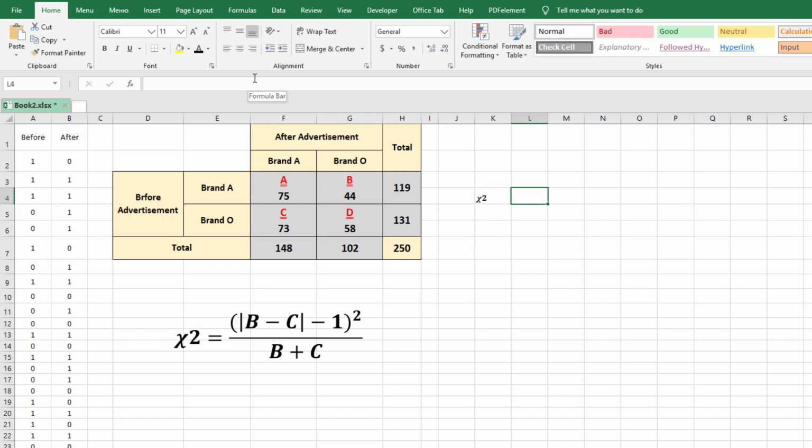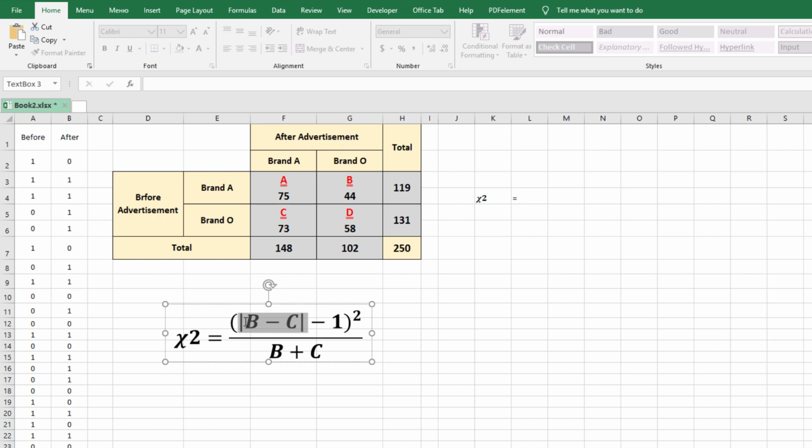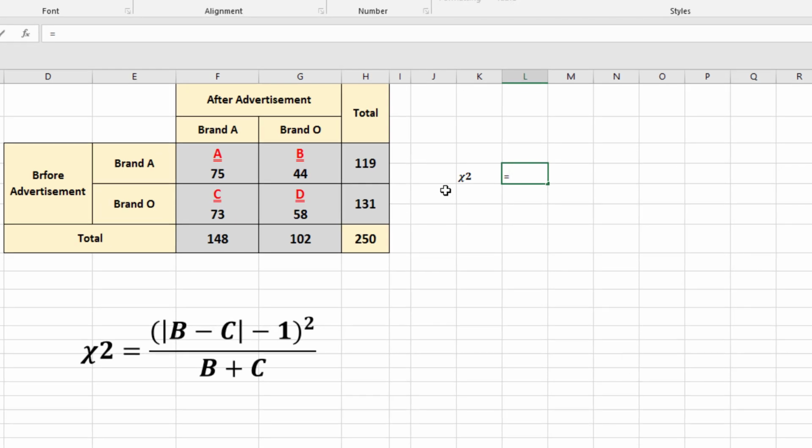Chi-square value equals, we need to find the absolute. This symbol is the absolute symbol. The pipe symbol is called the absolute value of B minus C. So we start with ABS, the function for absolute value. That means B minus C. Close the bracket.